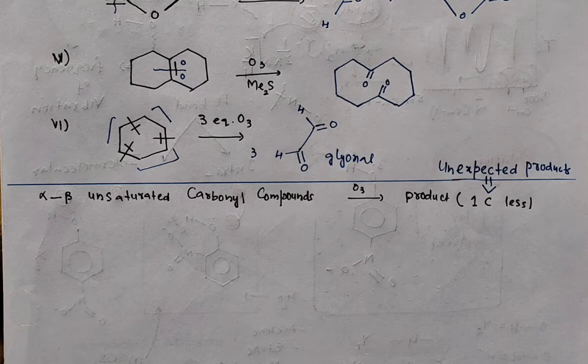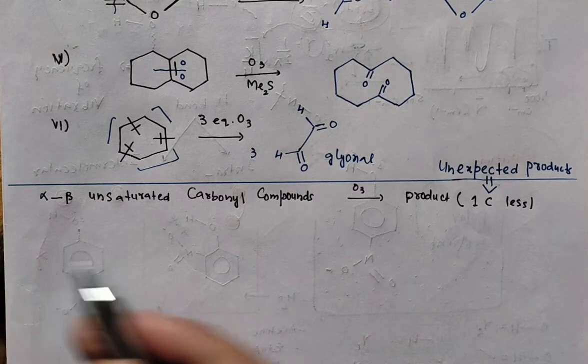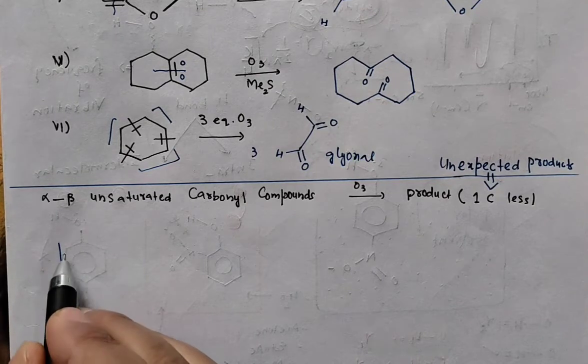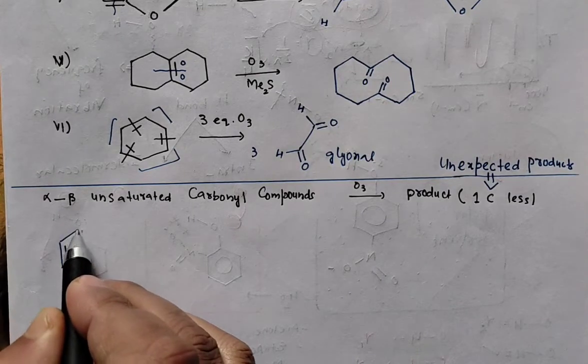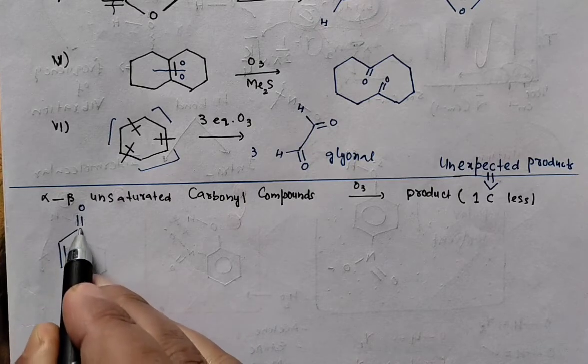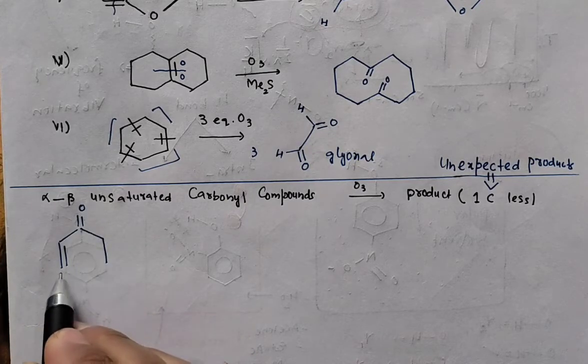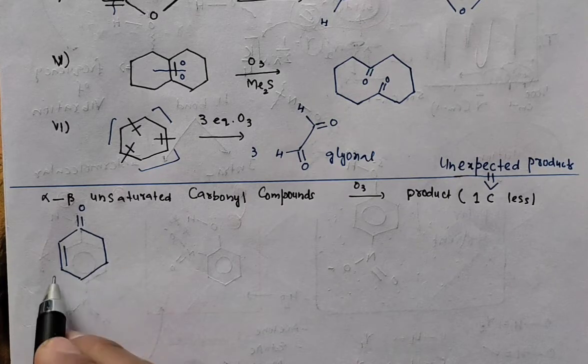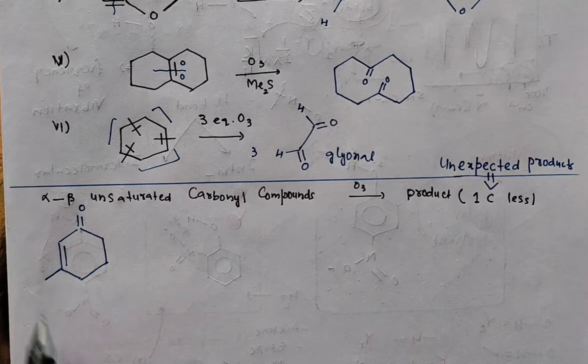For example, if you have this type of example, a question that came in the exam once, this is your alpha beta unsaturated carbonyl compound. And then there is something on this side, whatever we can keep on this side.